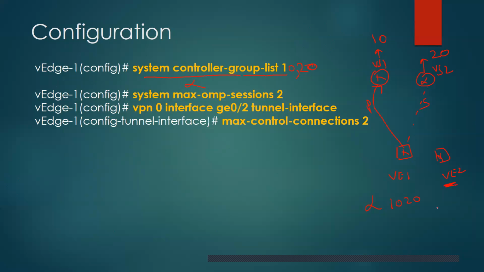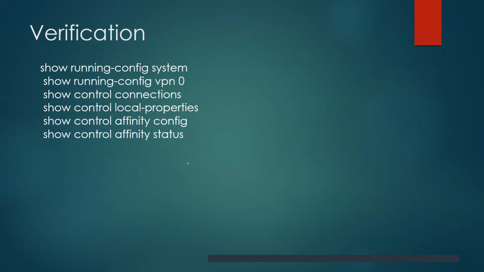For this device, you give alpha 20 10. That means this will become primary and this will become secondary. That's the configuration I'm going to show you in a second. And then if you want to limit the control connections, you can use max-control-connections 1, 2, 3, 4, etc. Okay, that's the full configuration you have.